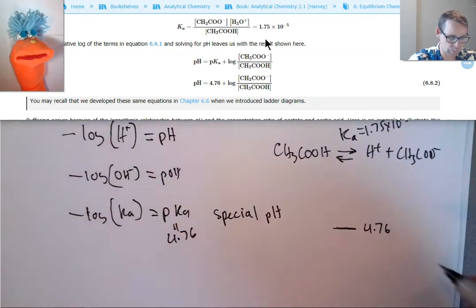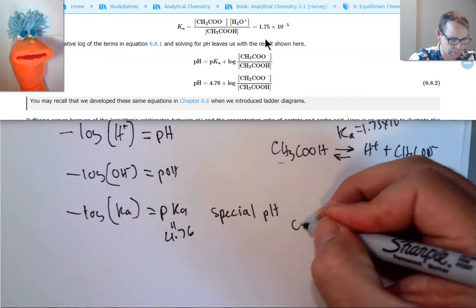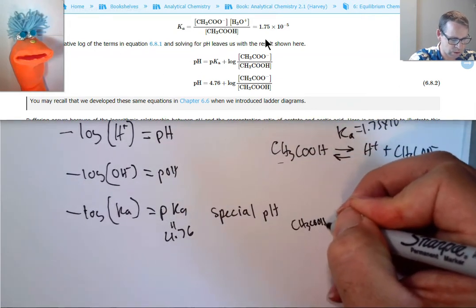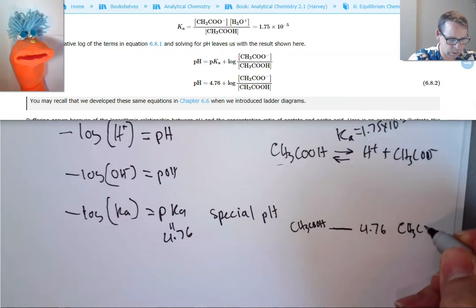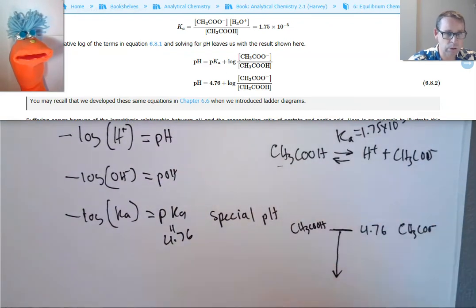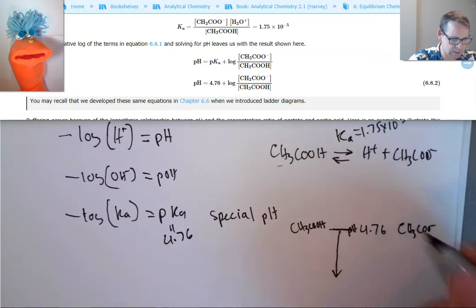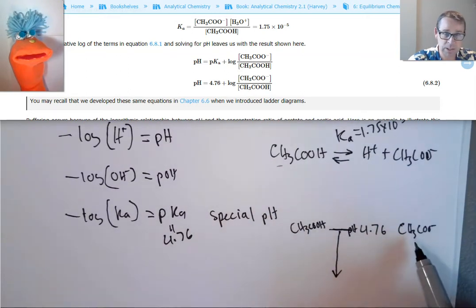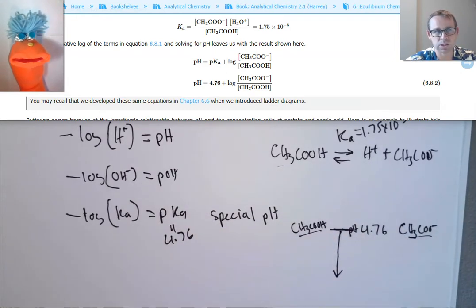It's the pH at which the concentration of the associated form, CH3COOH, is equal to the concentration of the dissociated form, CH3COO minus. If the pH is 4.76 in a solution of acetic acid, you have equal concentrations of those two species.